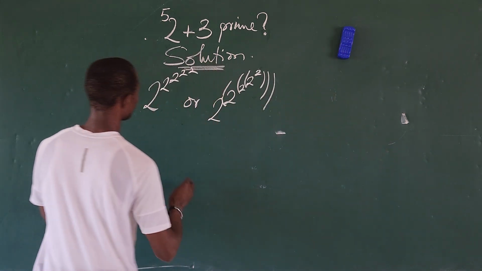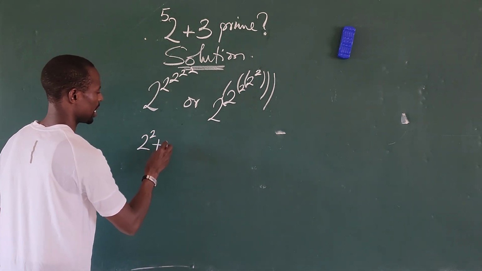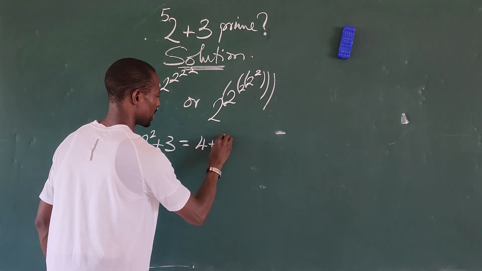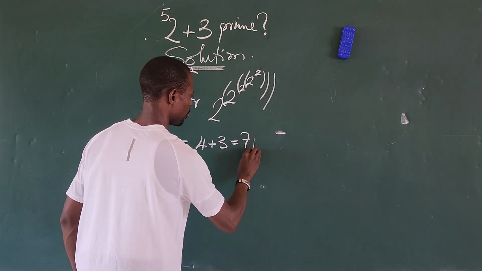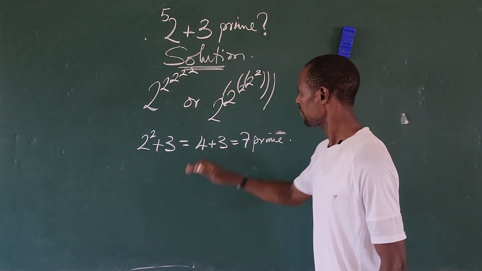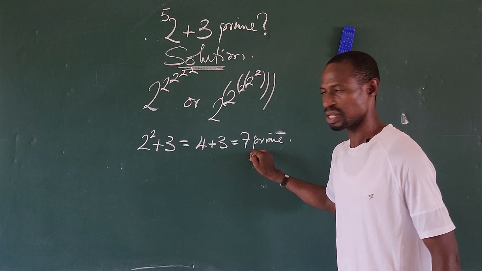So we take the first one, which is going to give us 2 to the power of 2 plus 3. What will this give us? We have 4 plus 3, and this is 7. We know that 7 is a prime number.